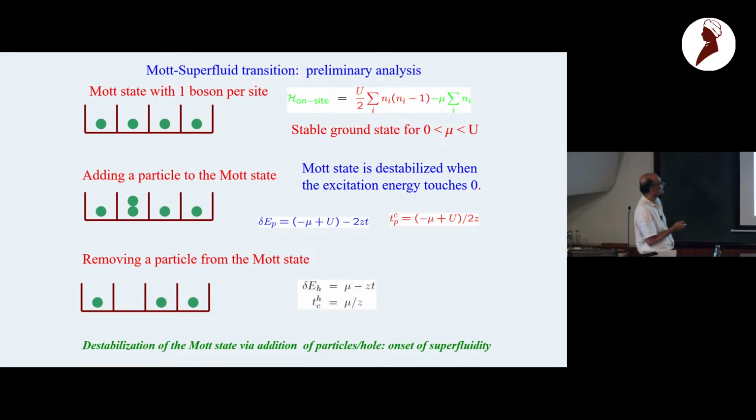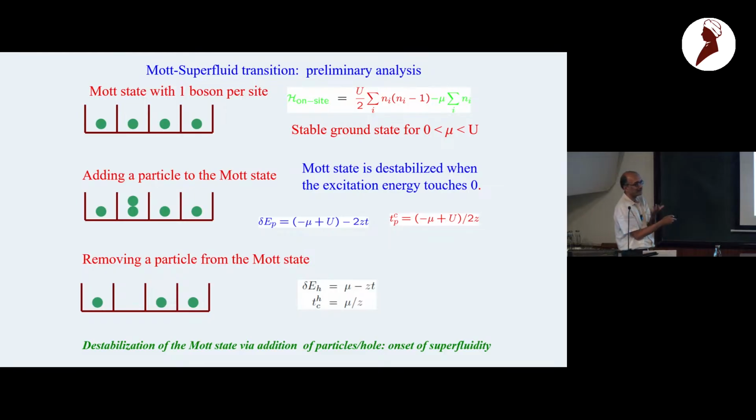And a typical way to see this is to create possible excitations. So imagine that I take this state and I put in a small particle out here. Now to put in this particle, I have to pay an energy cost U, and you are going to gain an energy mu because you have added a particle. Okay. But once you have paid that energy cost, once this particle is out here, it can freely hop from one site to another.